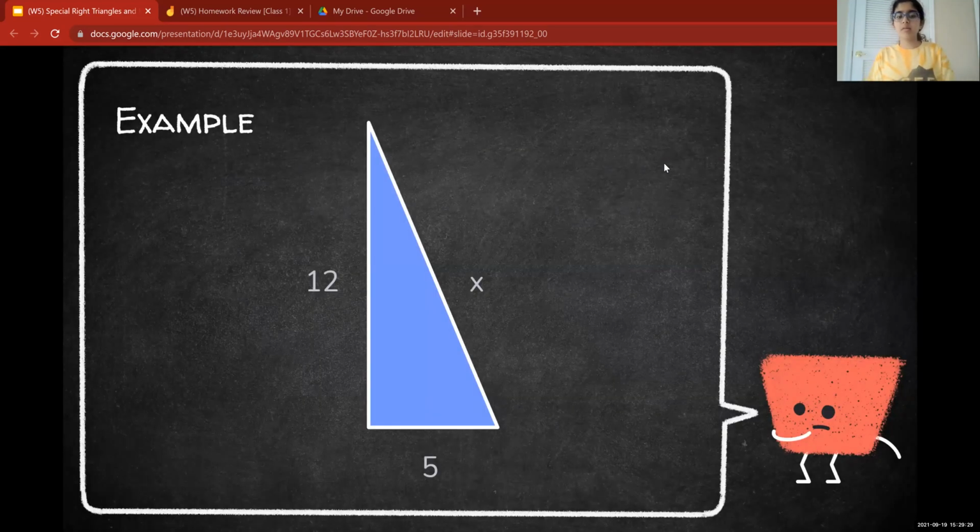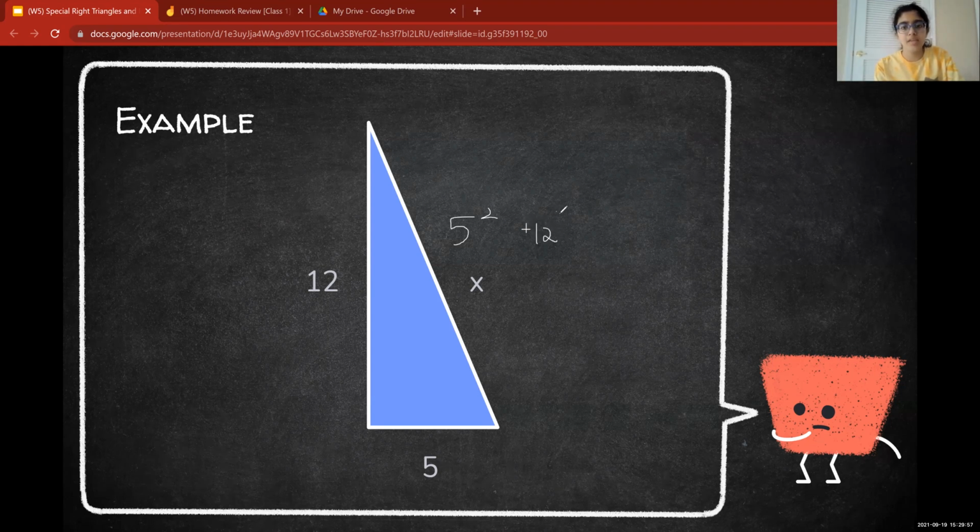Okay, so for example, we have this triangle. So it has two leg lengths, one with a length of 5 and one with the length of 12. So what we would do to solve for x, so let me demonstrate. Yes, Dheeraj in the chat typed 13, good job, that is correct. So what we would do is 5 squared plus 12 squared is equal to x squared, right?